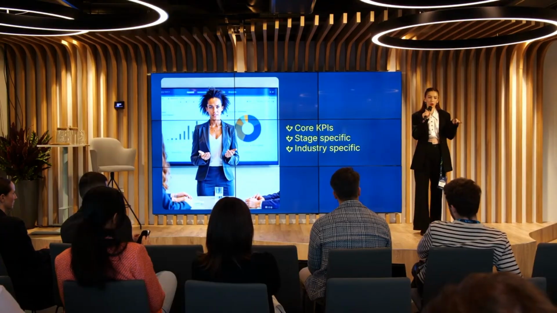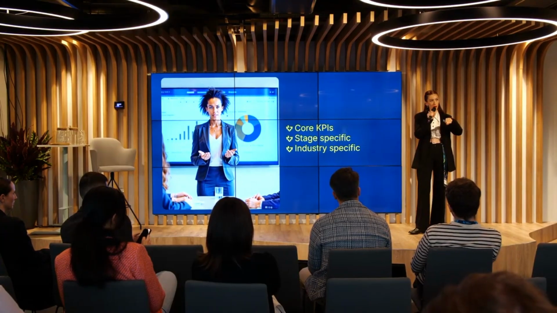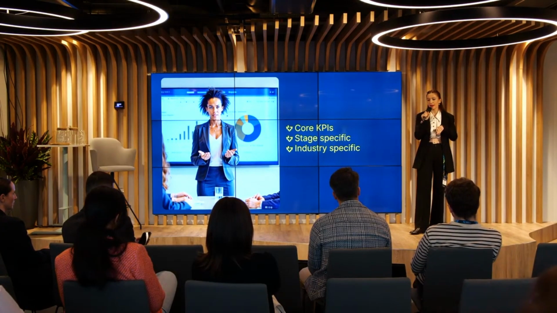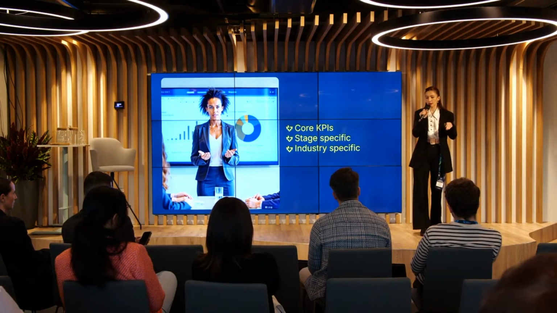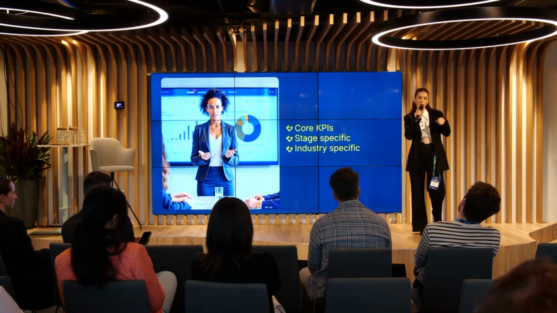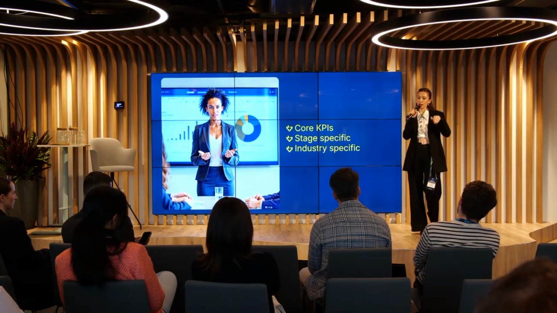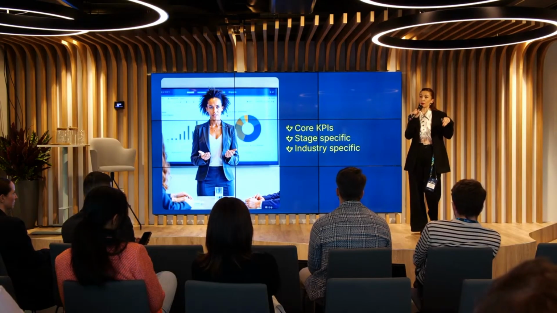But then add some stage-specific or industry-specific KPIs in order to be able to address the companies in the space where they are at. And this will create a system where you have enough data to judge your portfolio companies, but it's not too much of a burden to them and also for you.